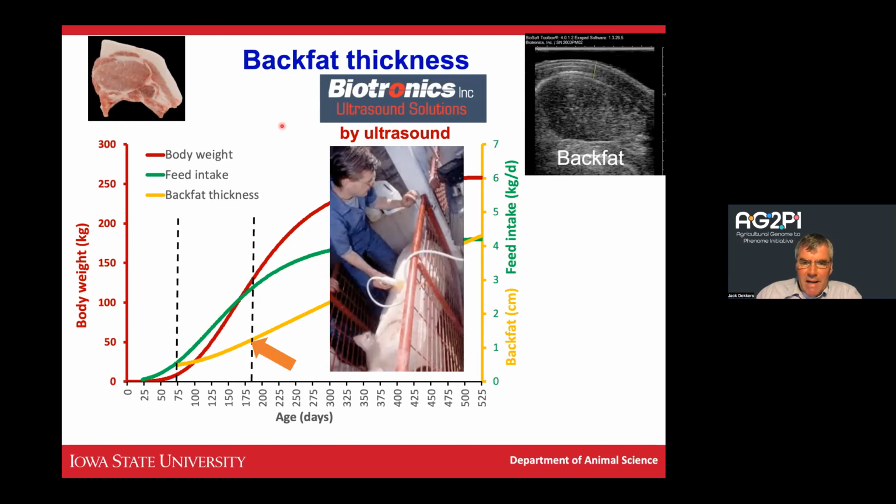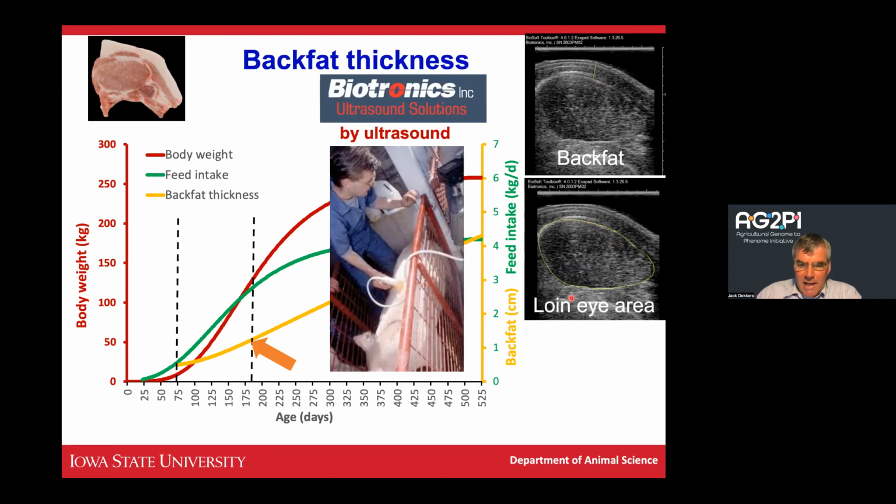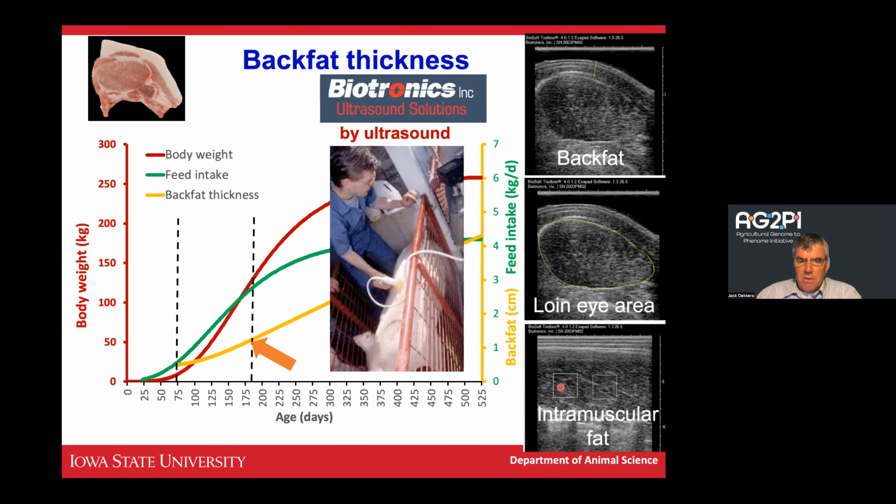There is a company here in Ames that markets some of the software to read the images, so you can measure back fat, so the thickness of the fat. You can measure loin eye area, so the eye of the loin. And if you take a different orientation, you can also measure intramuscular fat by analyzing the pixels in a square.